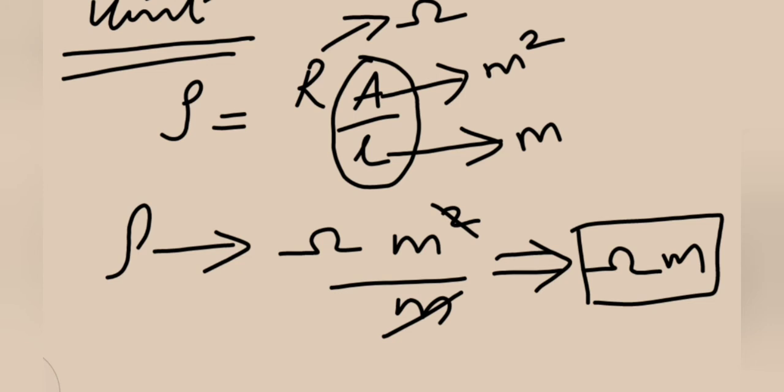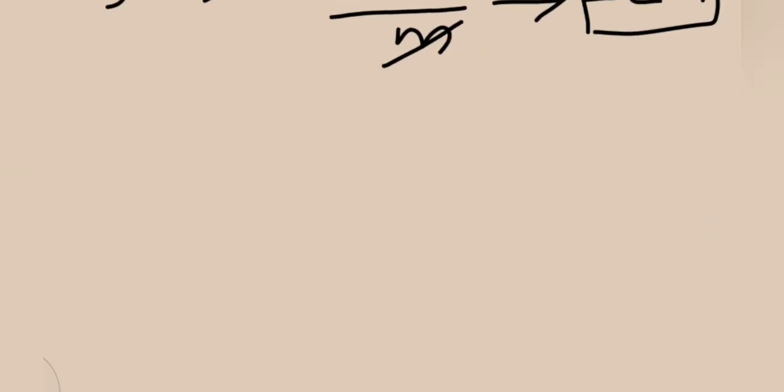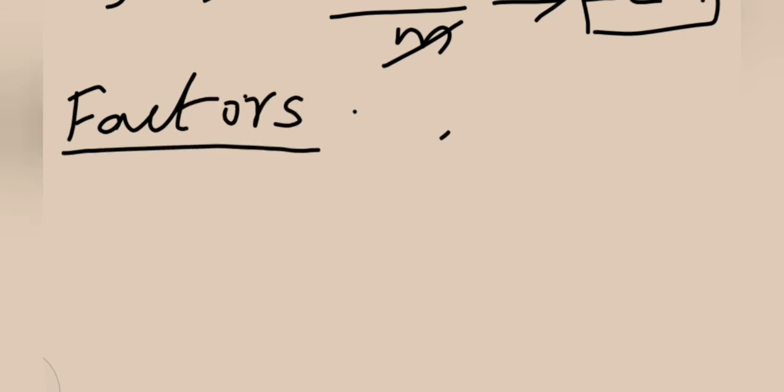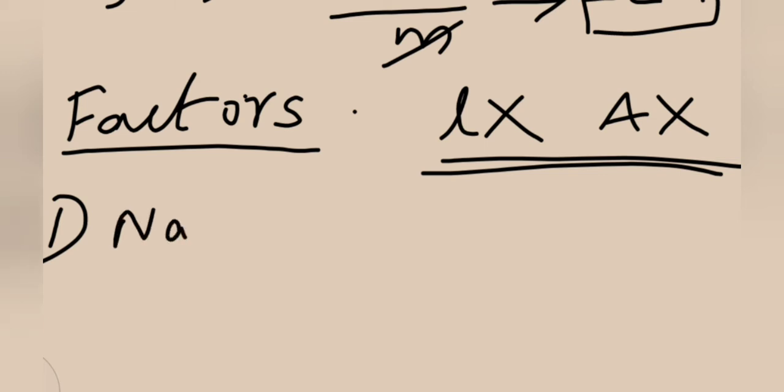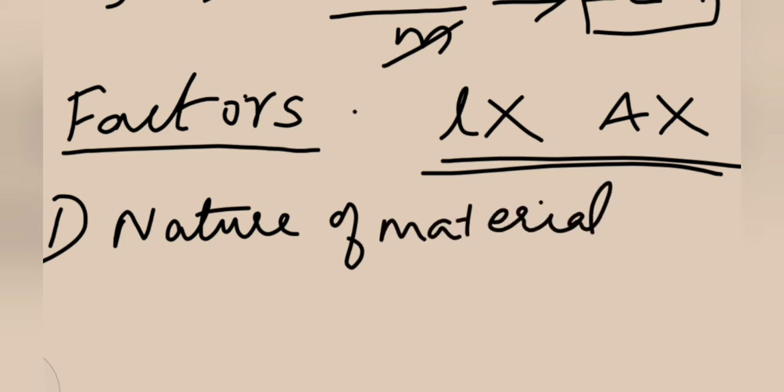Now let us see the factors affecting resistivity. As I told, resistivity does not depend upon length, it does not depend upon area. So these factors need not be considered. Now which factors will change the resistivity of a material? The first factor is the nature of the material, that is, the material of the conductor.